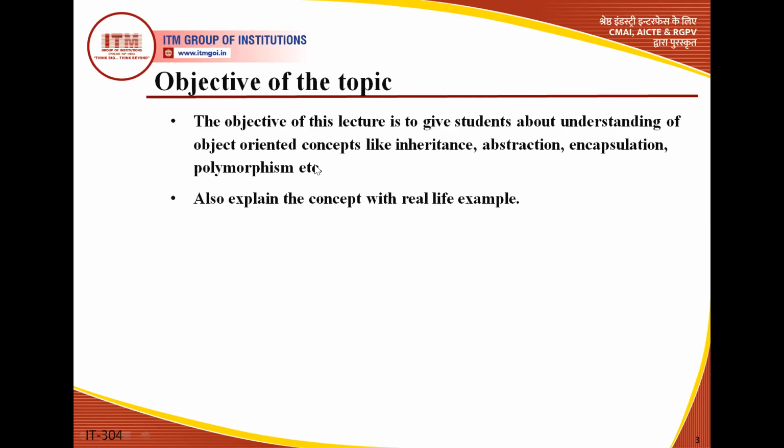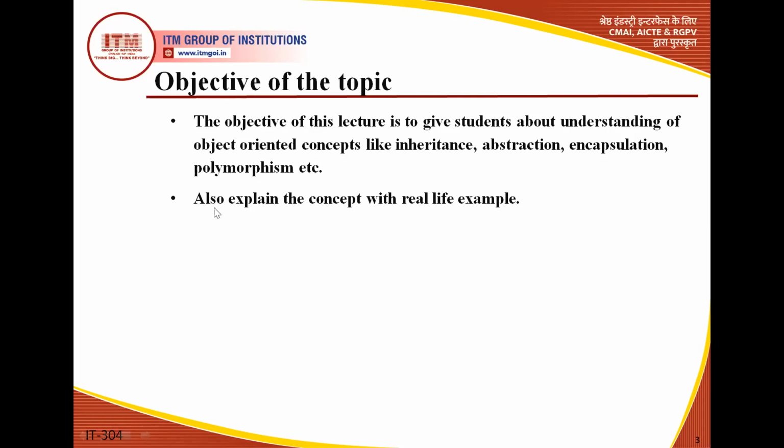During your lectures, you will get a better understanding of what the meaning of these concepts is and how to implement these concepts in your programming. This also we can see time to time.